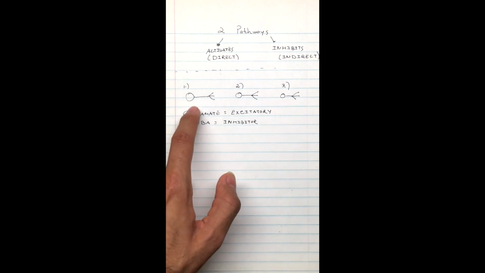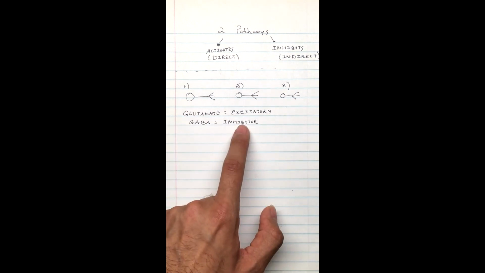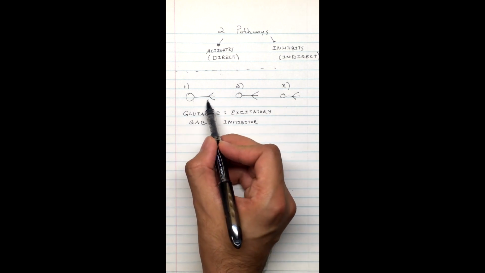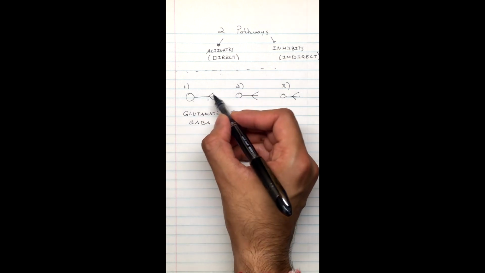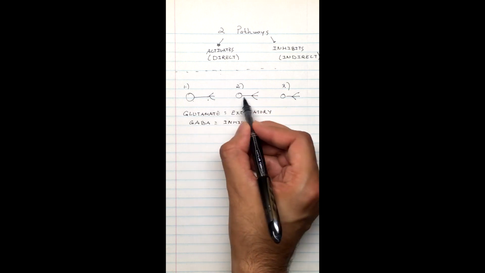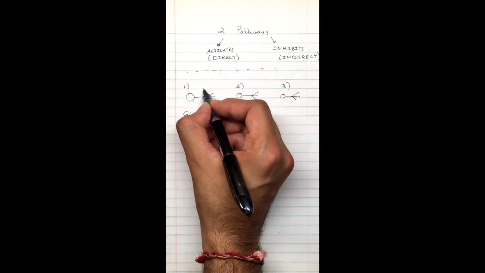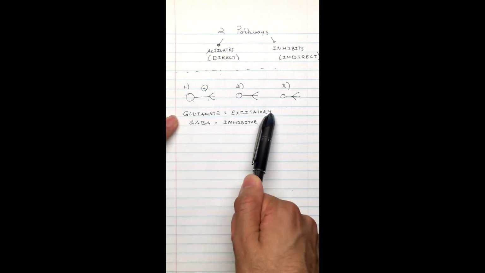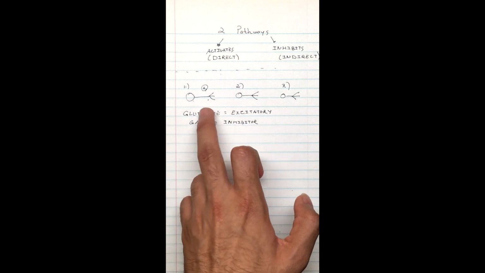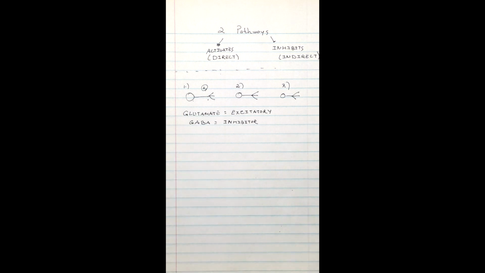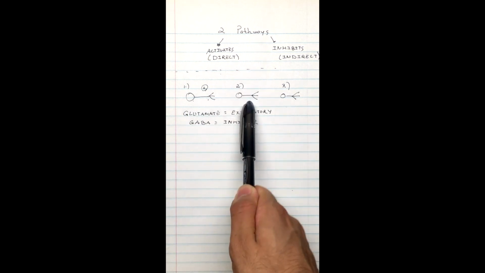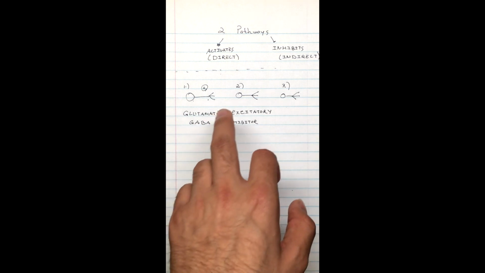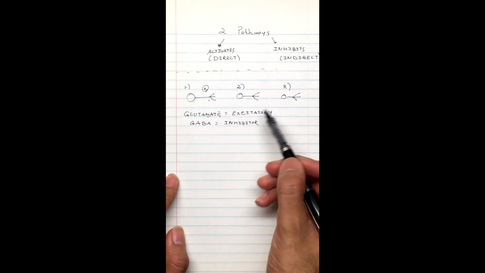So if this first neuron in series has glutamate, what that means is this is going to excite the one that it's next to. So we'll just give this a plus to refer to that it's releasing an excitatory neurotransmitter, which is going to allow the neuron that it's connected to release whatever transmitter that it needs to release. So this is going to excite this guy right here. Okay. So this is typically going to release glutamate because it's excitatory.